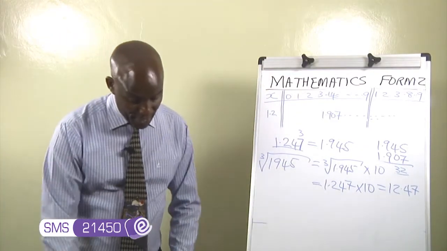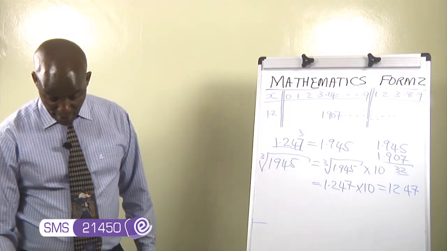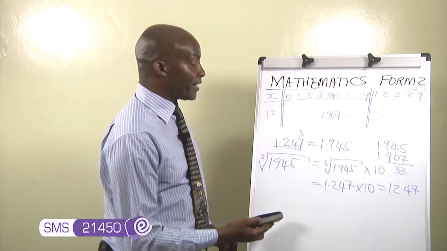And so that is how to get the cube root of a number greater than 1,000.